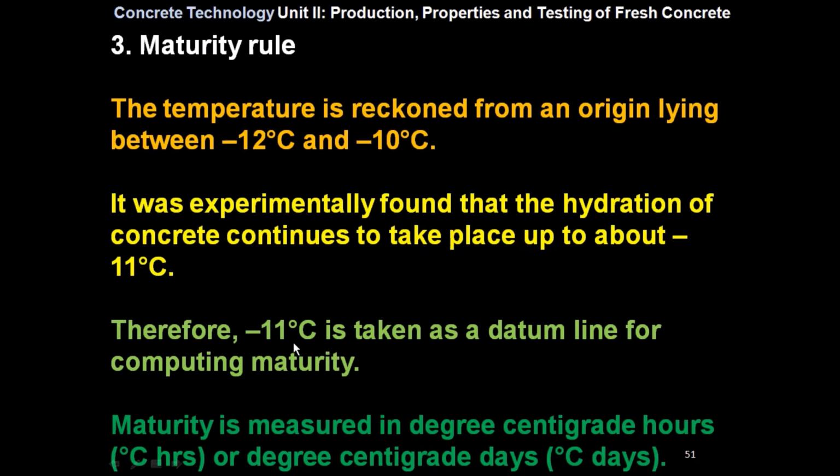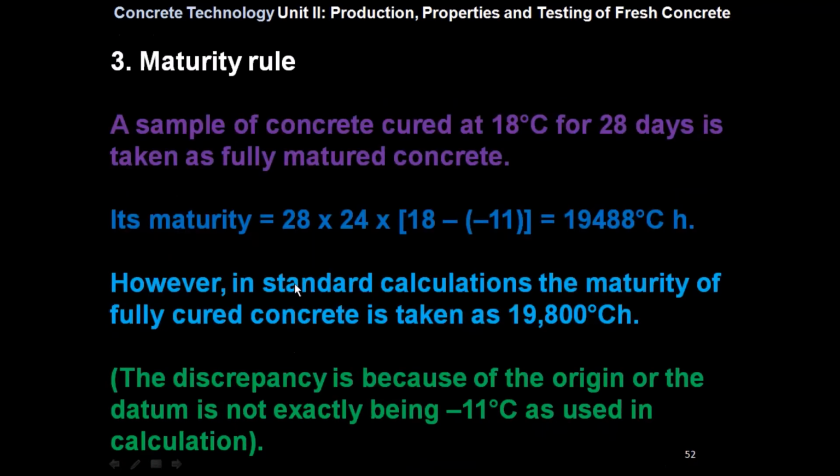Therefore, minus 11 degrees Celsius is taken as a datum line for computing maturity. Maturity is measured in degree centigrade hours or degree centigrade days.